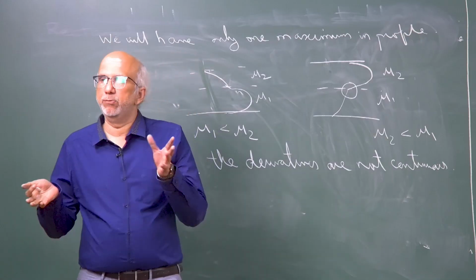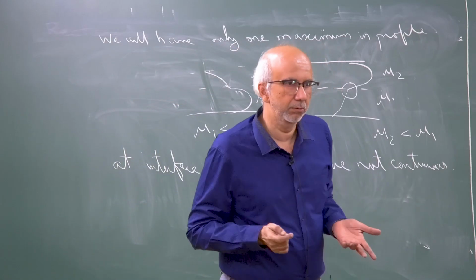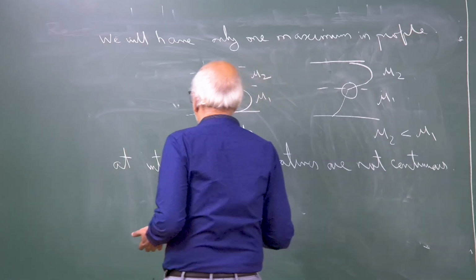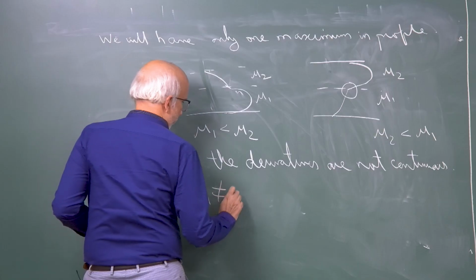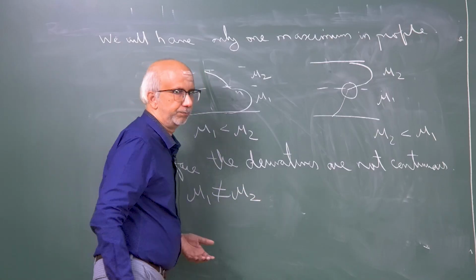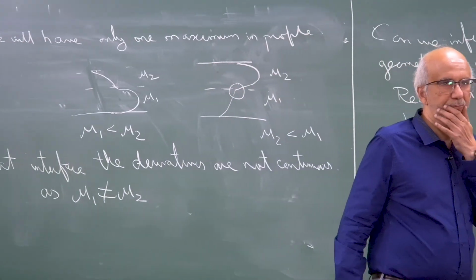If mu1 is equal to mu2, then the derivative will be continuous. They are not continuous as mu1 is not equal to mu2. Okay.